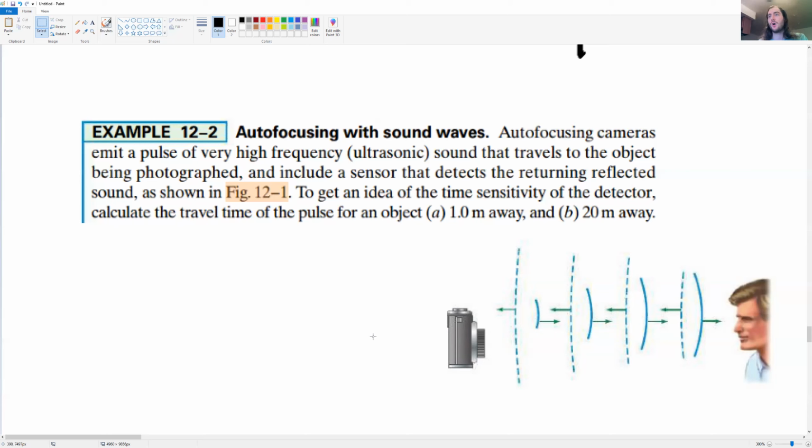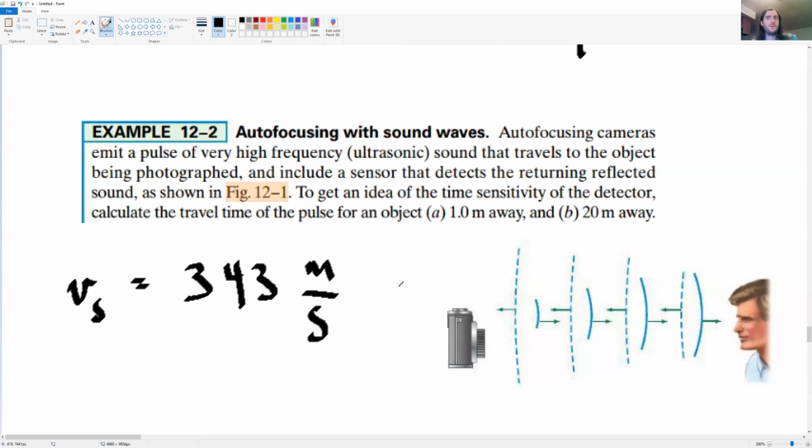Anytime you're not told what the speed of sound is, it means you should take the speed of sound to be 343 meters per second. Always take the speed of sound to be 343 meters per second when it's not given to you.